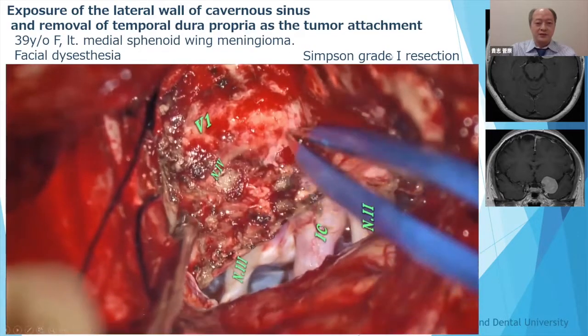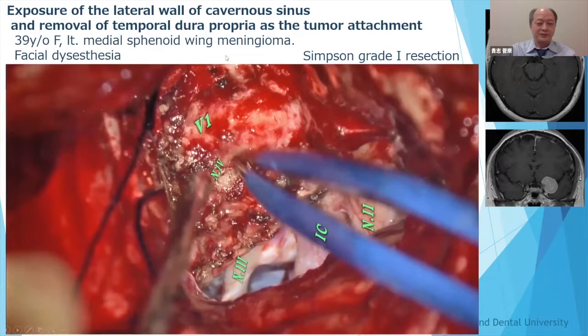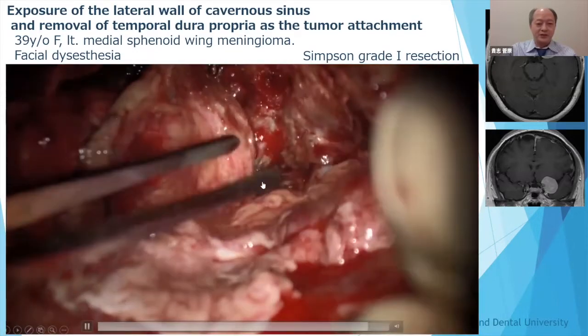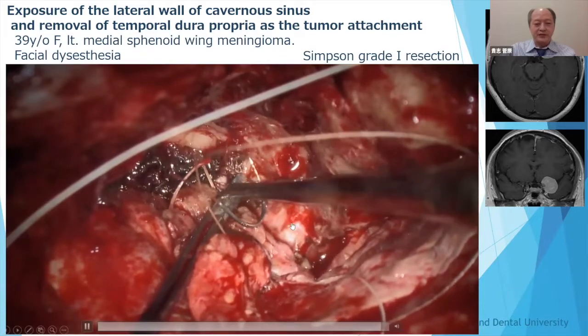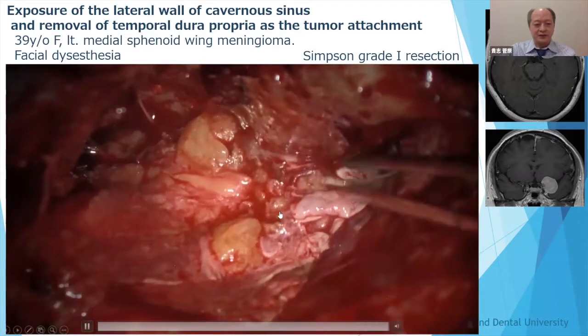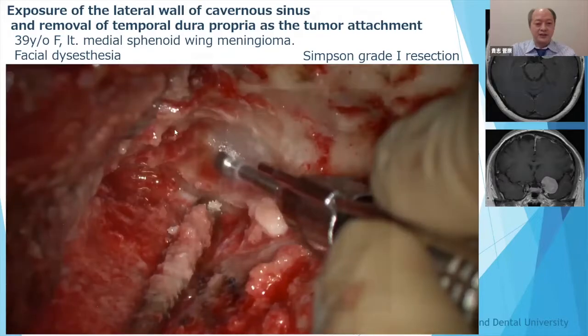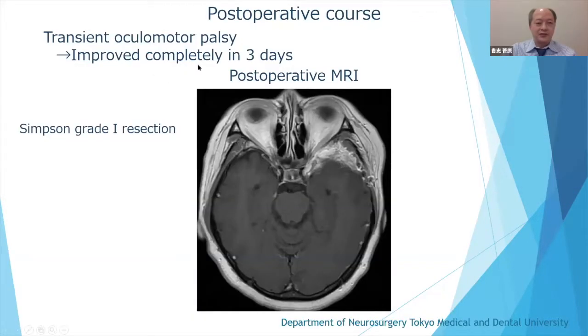Then Simpson grade 1 resection was achieved, and the dura was reconstructed with pericranium and fat, watertightly. She had a transient oculomotor palsy, but improved completely in just 3 days.